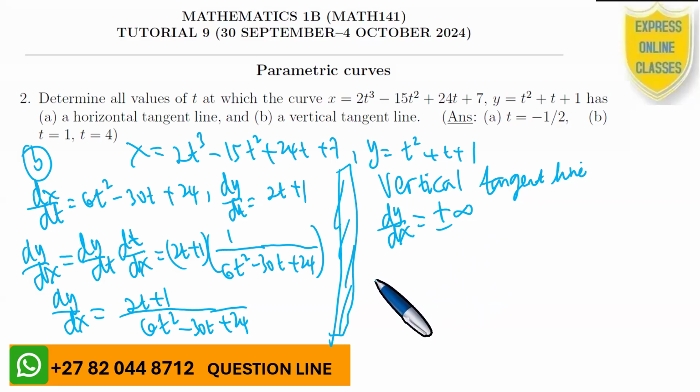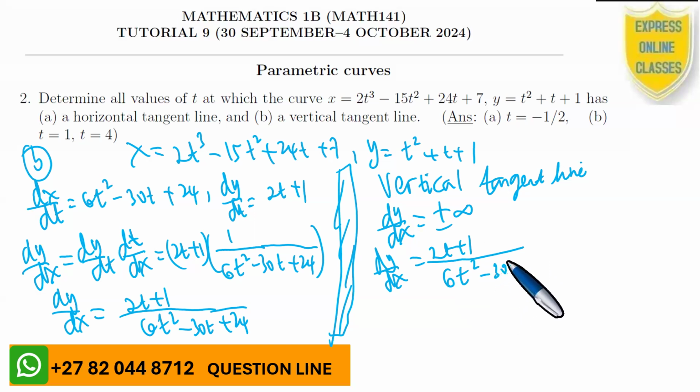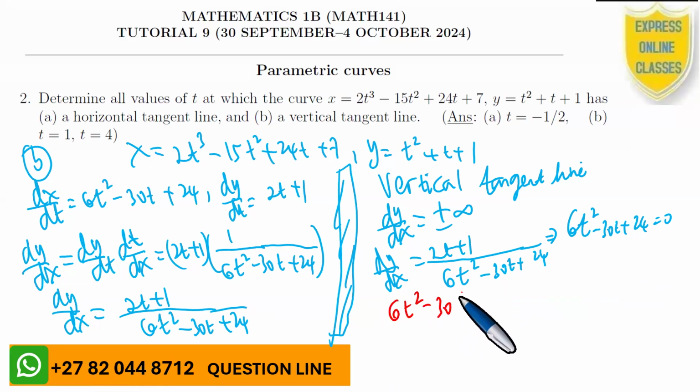And now at this point, it would therefore mean that in dy/dx, which is 2t plus 1 over 6t squared minus 30t plus 24, the denominator equals 0. So 6t squared minus 30t plus 24 equals 0.